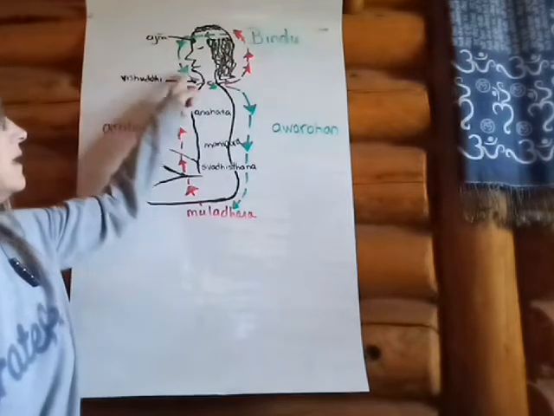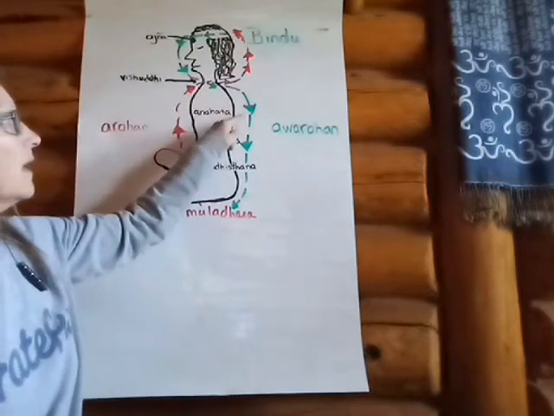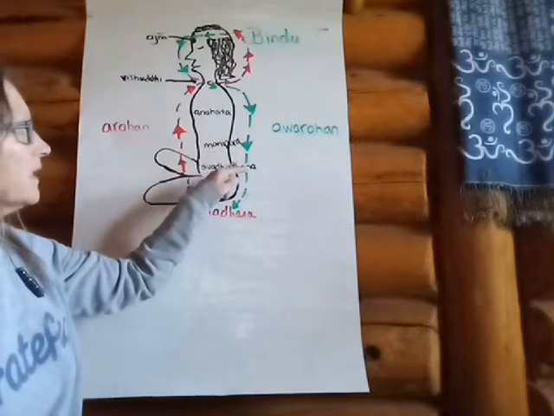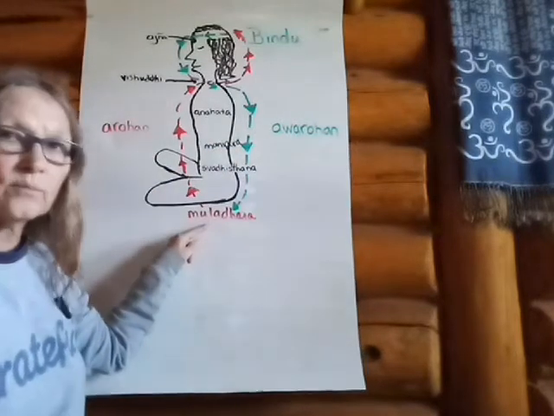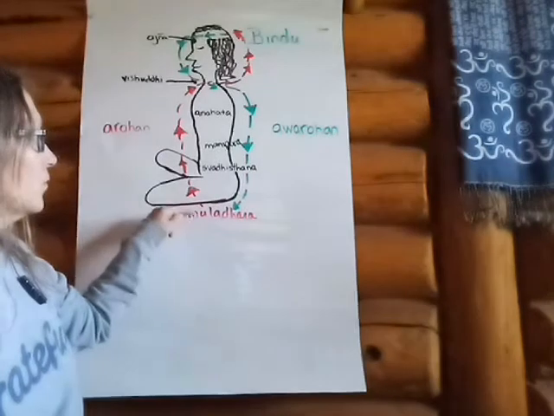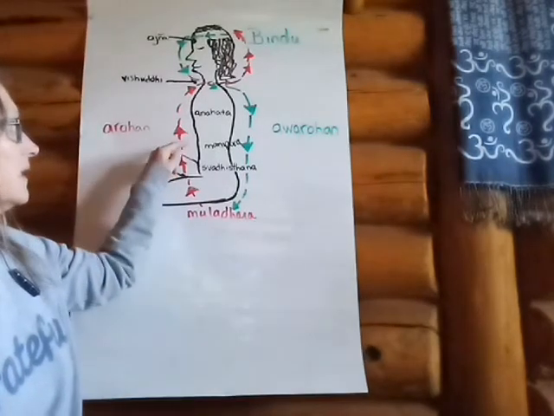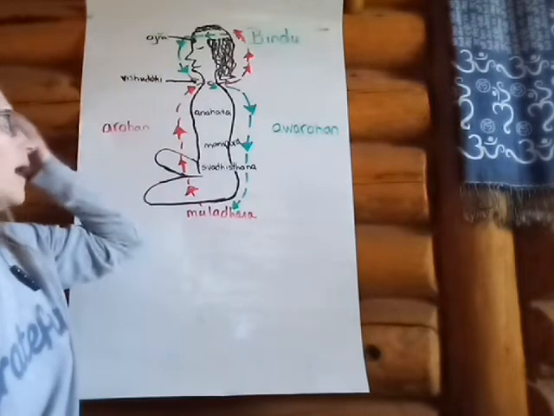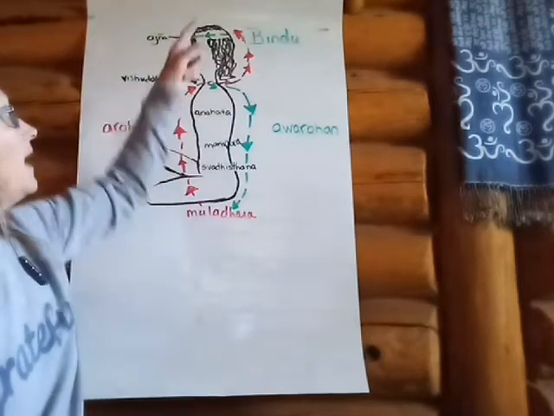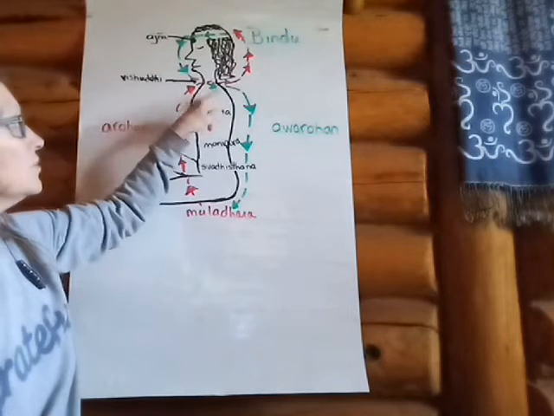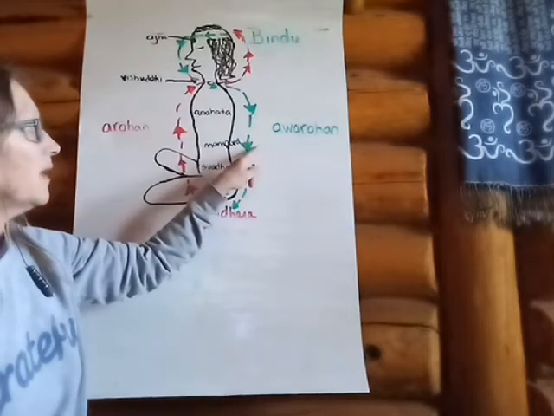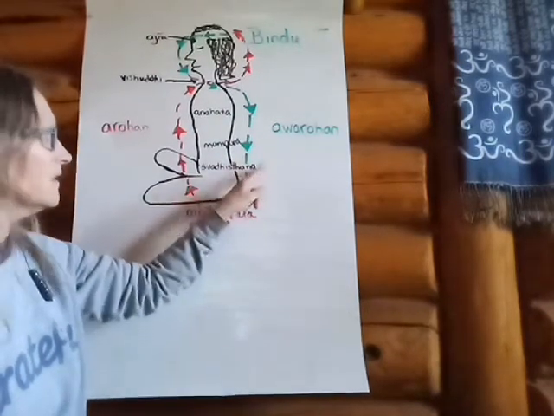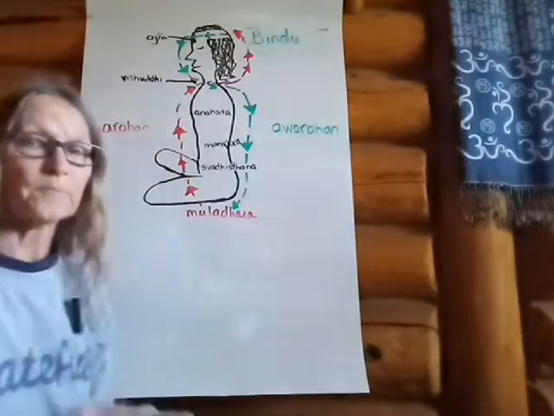Exhale, Agnya, Vishuddhi down the back, Anahata, Manipura, heads lowering, Svadhisthana, Muladhara. Inhale, Muladhara up the front, Svadhisthana, Manipura, Anahata, Vishuddhi, up the back to Bindu. Exhale, Agnya, Vishuddhi, Anahata down the back, Manipura, Svadhisthana, Muladhara.